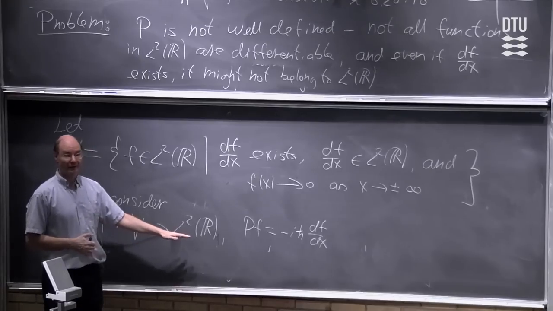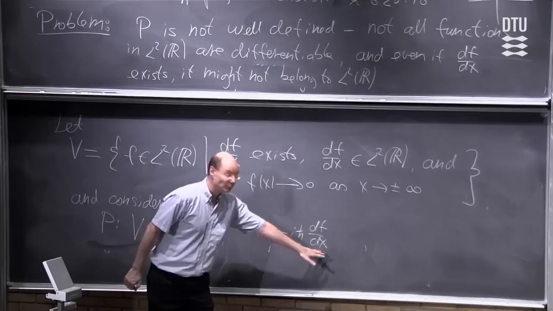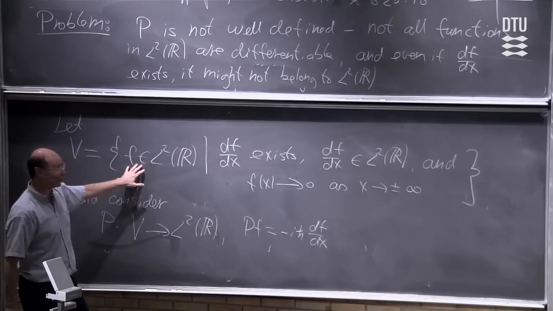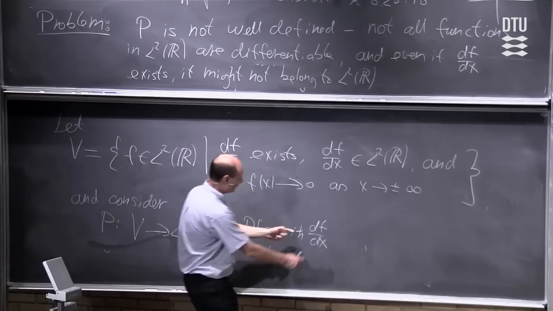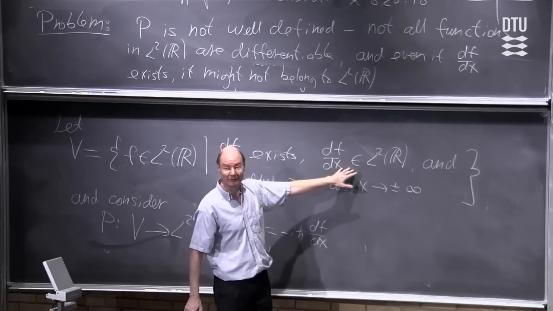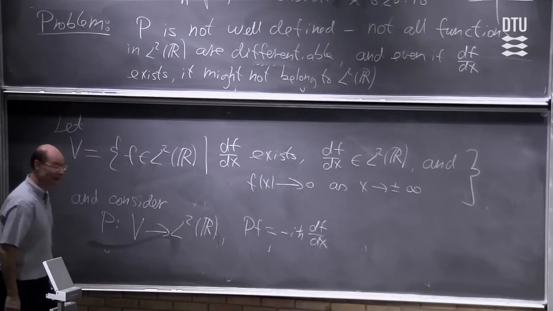Now, this is certainly well defined, because this expression makes sense for all functions in the space V. This is exactly the way we have defined V, and this is also a function that belongs to L2, because this is the way we have defined everything. So this operator is well defined.